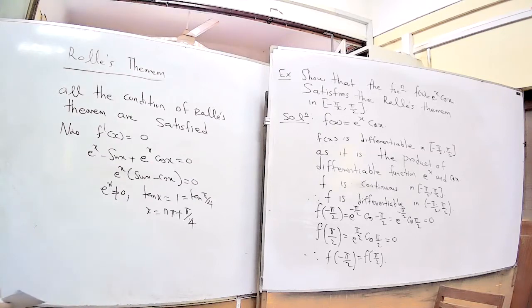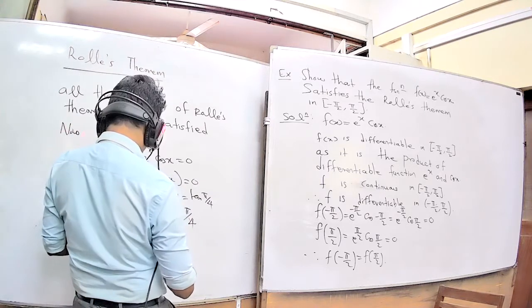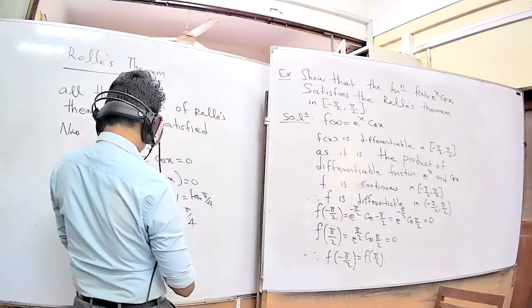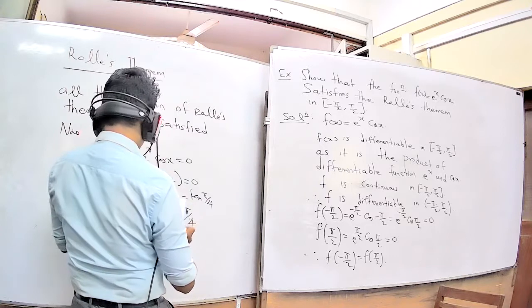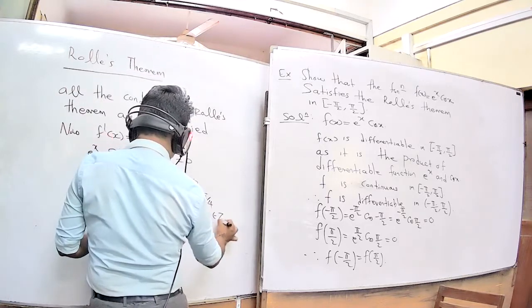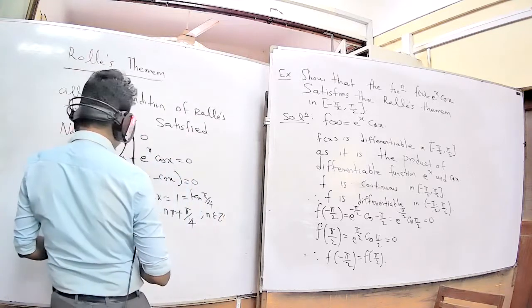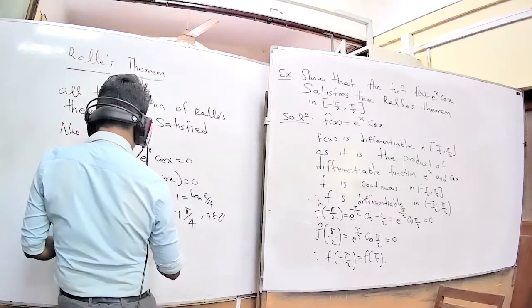Right, n is an integer number. But what are the possible values for x here? I think 5π/4 is possible, right?